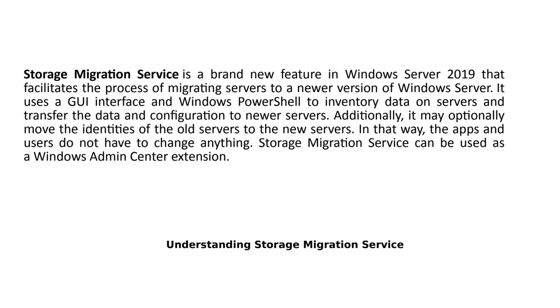Storage Migration is a brand new feature in 2019. Why is it good? Because it facilitates the process of migrating a server to a new version of Windows Server. And it uses a GUI, graphical user interface, so it's easier to use.